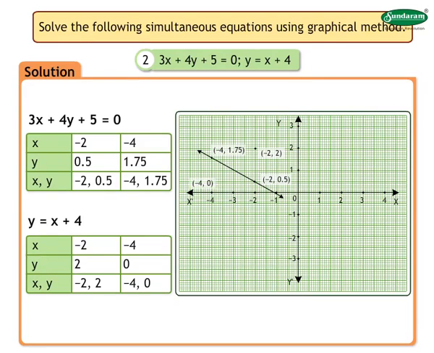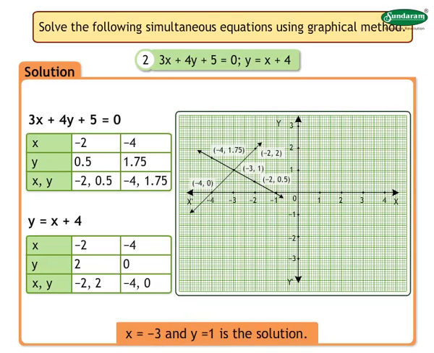The lines of the two given simultaneous equations intersect each other at (-3, 1). Therefore, the solution of the given simultaneous equations is (-3, 1). That is, x is equal to -3 and y is equal to 1 is the solution.